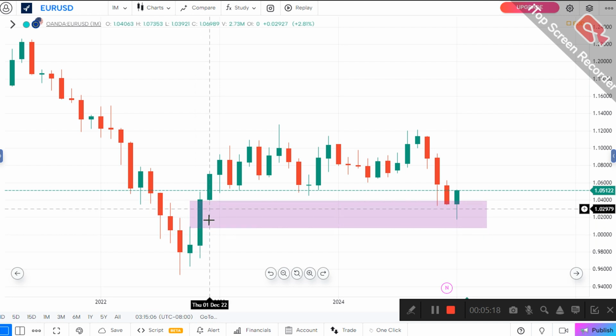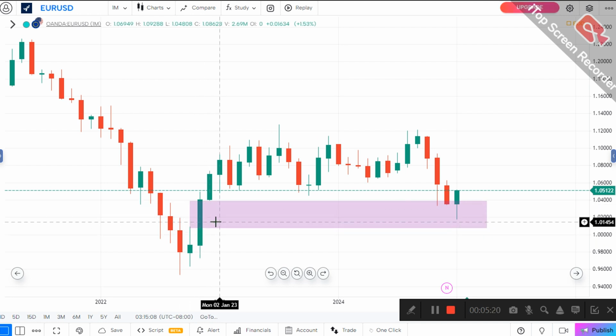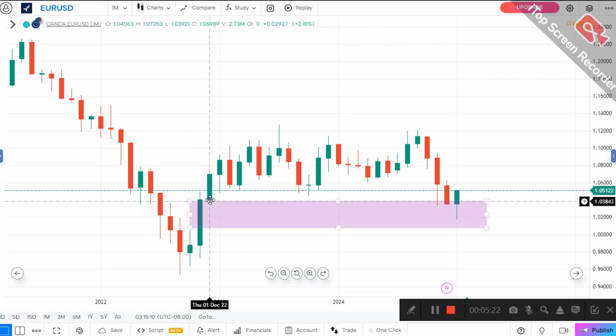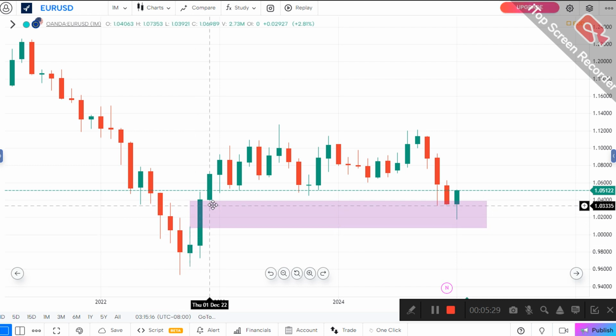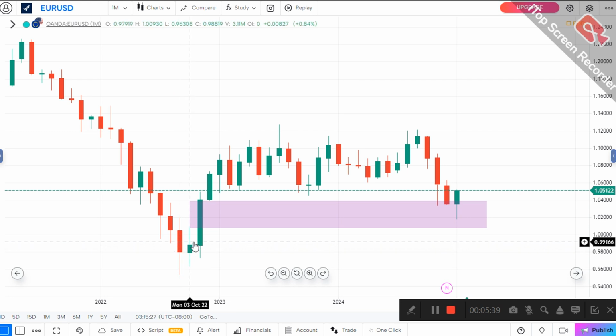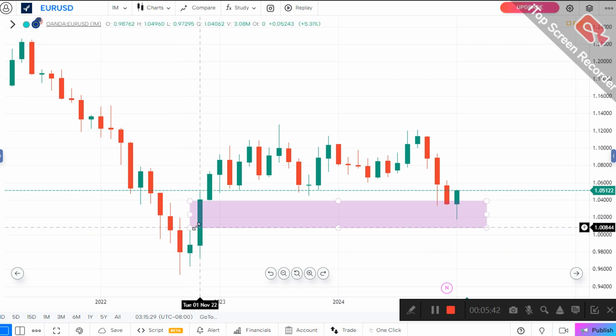When they overlap each other, it will not be a fair value gap. For example, if the first candle wick is too big, and the third candle wick is too big, and they overlap each other, then it would not be a fair value gap. What is meant by fair value gap?